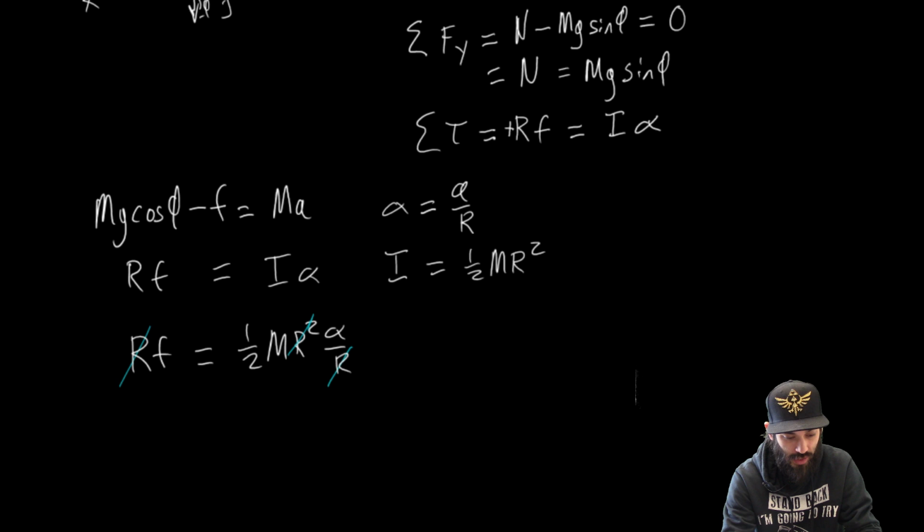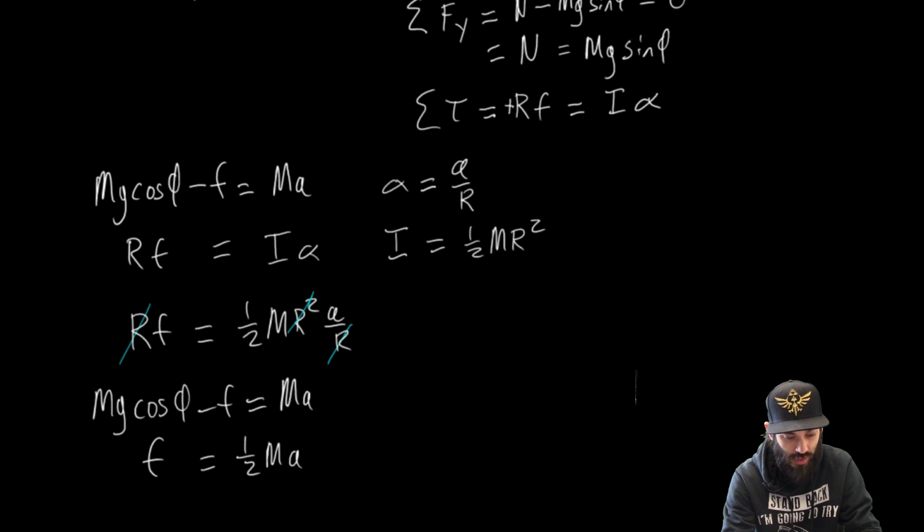So ultimately, for our 2 equations, we have mg cos phi minus F is going to be equal to capital M A, and then F is going to be equal to 1/2 capital M A. This is not an alpha, this is an A.